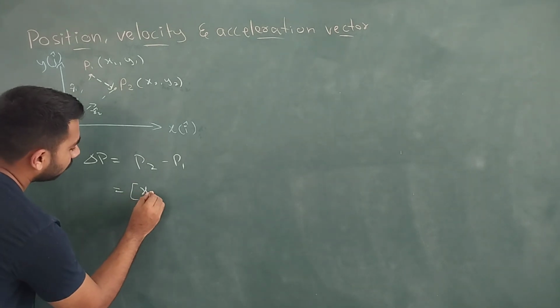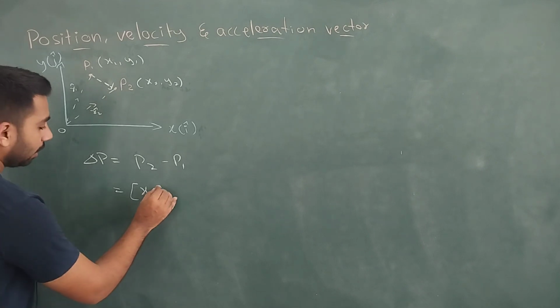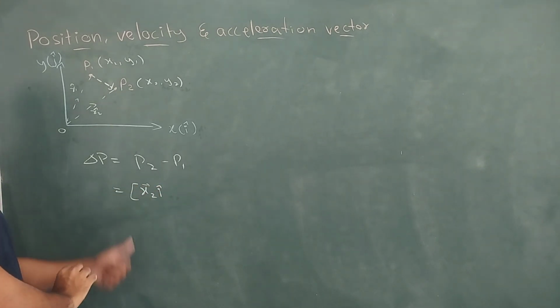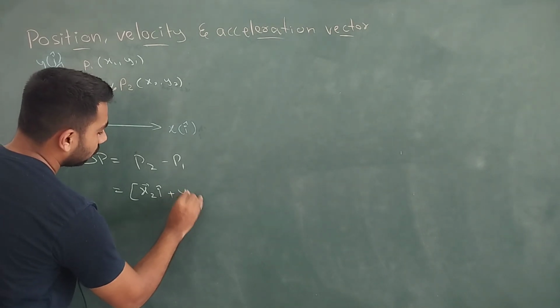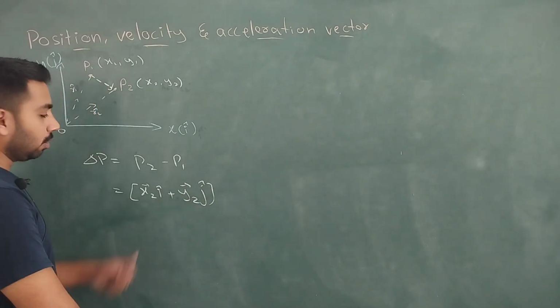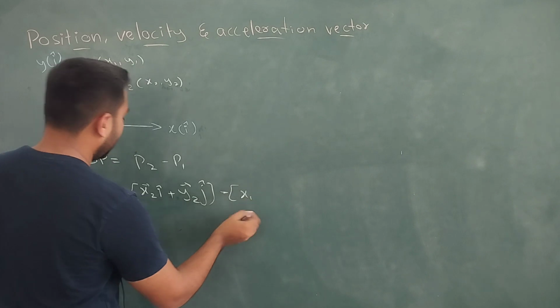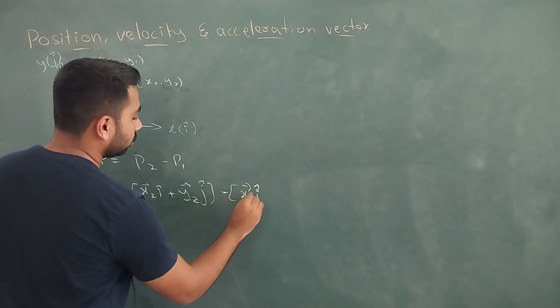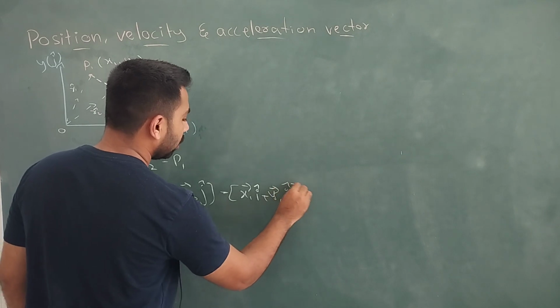Now what is the P2 value? It's very simple: x2 i cap plus y2 j cap, final, minus initial, x1 i cap plus y1 j cap.